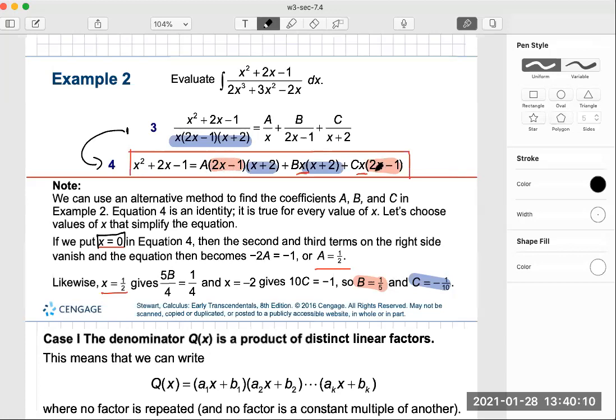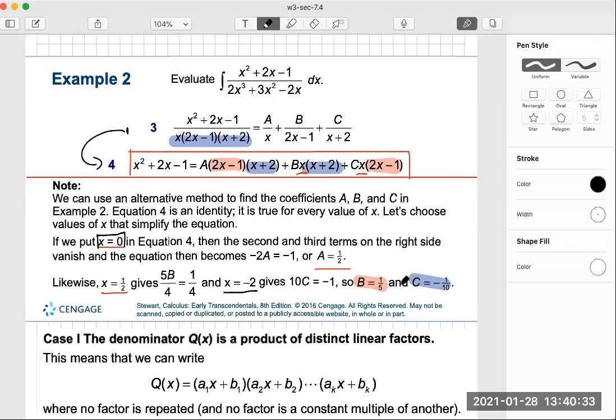The C will disappear so that we can solve for B easily. Similarly, we can pick the solution of x plus 2 equal to 0, which means x is equal to -2. It will cancel the other terms, so we can find the value of C.